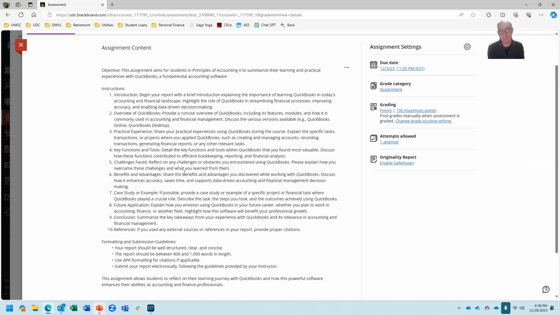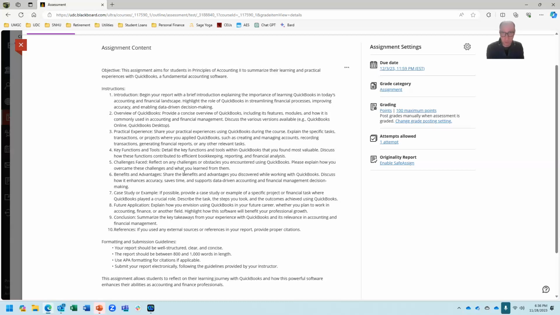So here's what I'm looking for. First part's an introduction to the report, talking about the importance of QuickBooks today. It's important to learn it. What's involved, highlighting certain processes and procedures, accuracy, and so on. Introduction.